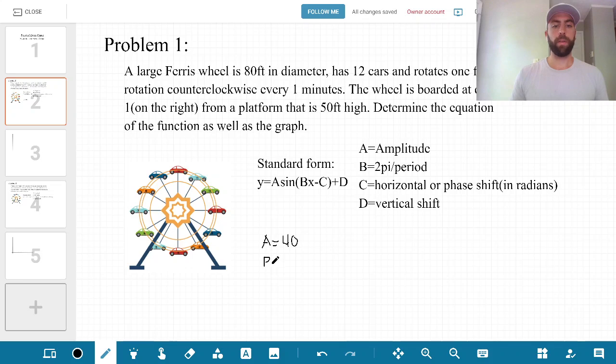Alright, let's work on B. If we're doing this in minutes, which we are, we can see that the car rotates one full rotation counterclockwise every 1 minute. Now B is 2 pi over the period. The period will be 1, so B is just 2 pi.